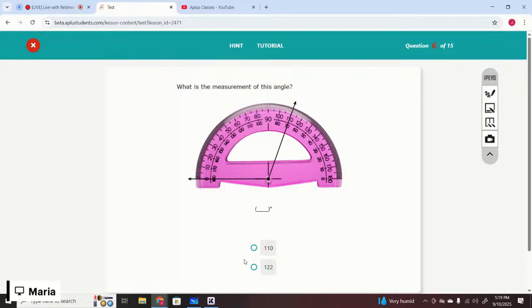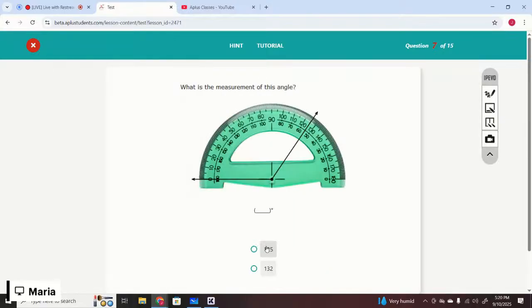Option number one is the correct option. What is the measurement of the angle?